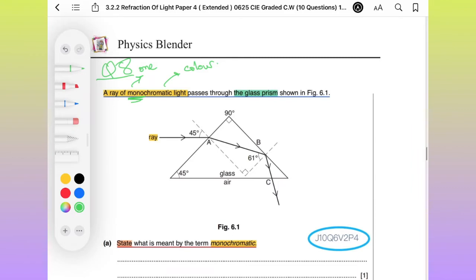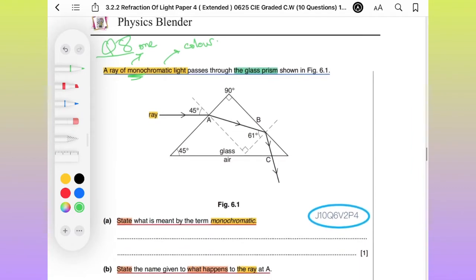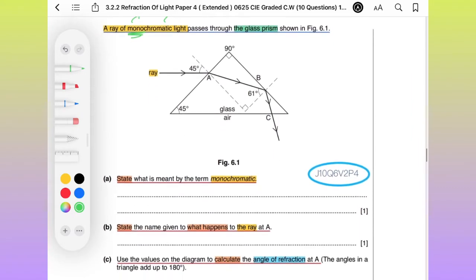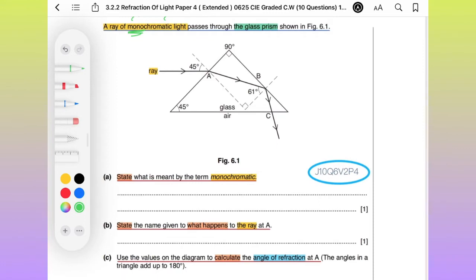The first part asks you to state what's meant by the term monochromatic. Monochromatic means light of single wavelength or single frequency.